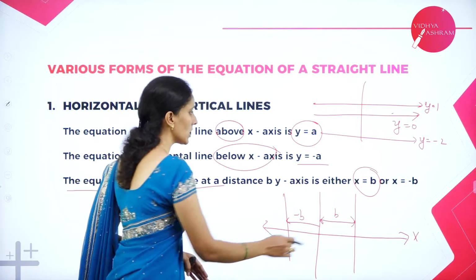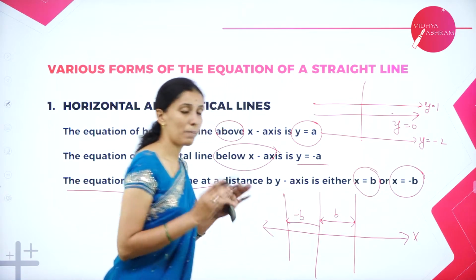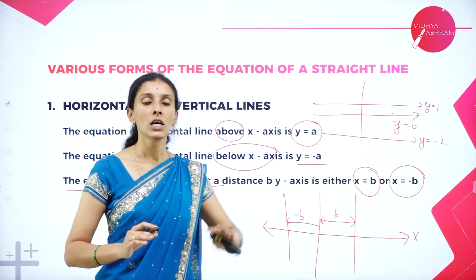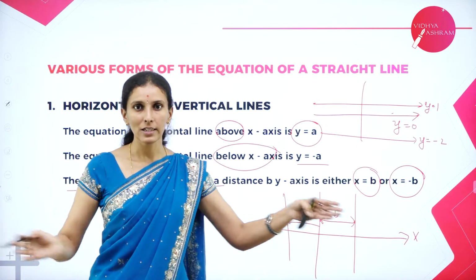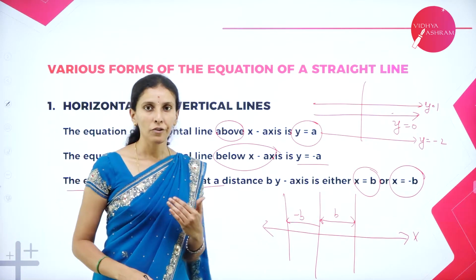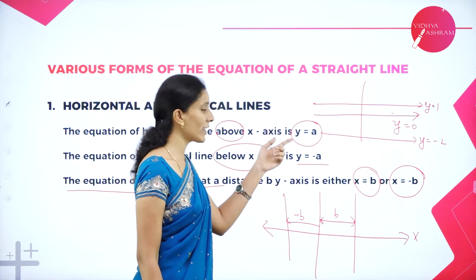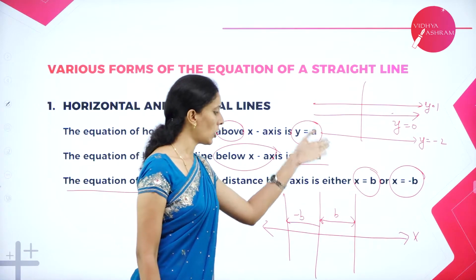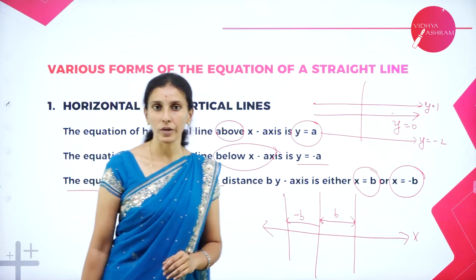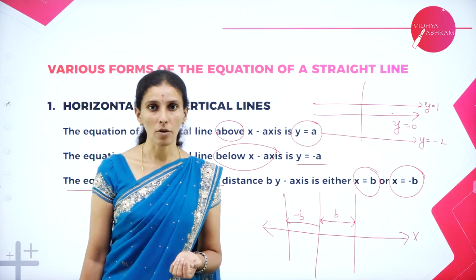On its left, it is x is equal to minus b. Plus and minus represents the positive and negative x-axis, not the distance. So therefore, all the horizontal lines have the equation y is equal to plus or minus a, and all the vertical lines have the equation x is equal to plus or minus a.